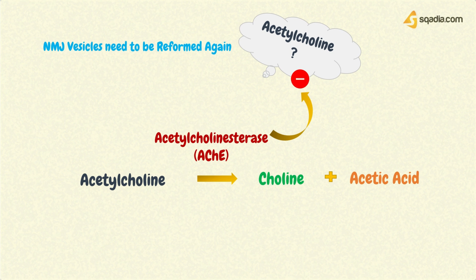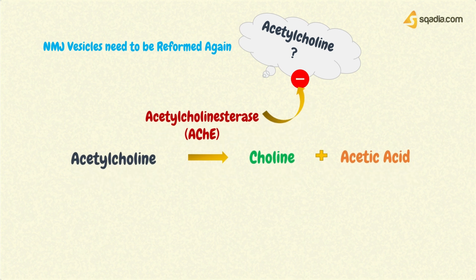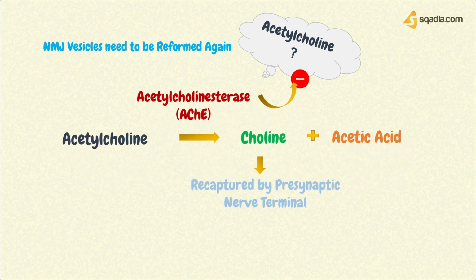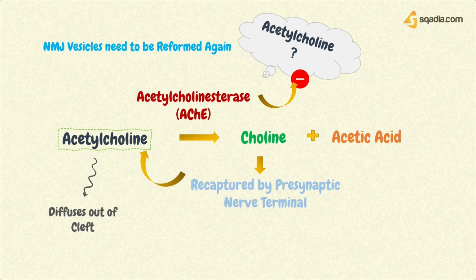So after contraction, about 1/2 of the choline is recaptured by the presynaptic nerve terminal and recycled to make more acetylcholine. Some of it diffuses out of the cleft. However, most of it is destroyed in the synapse itself by the enzyme acetylcholinesterase. However, within a few seconds only, acetylcholine is transported back into the vesicles and is ready to release for a new cycle of muscle contraction.